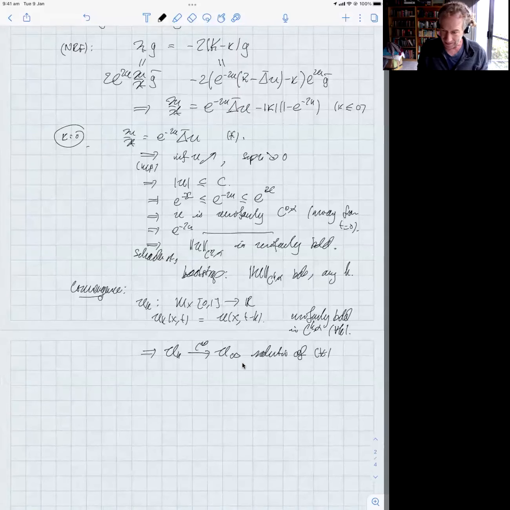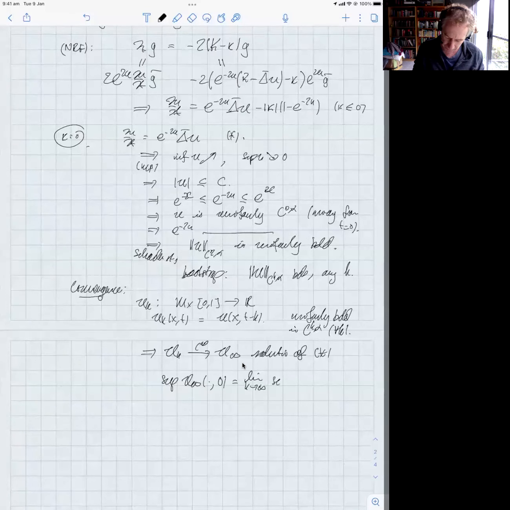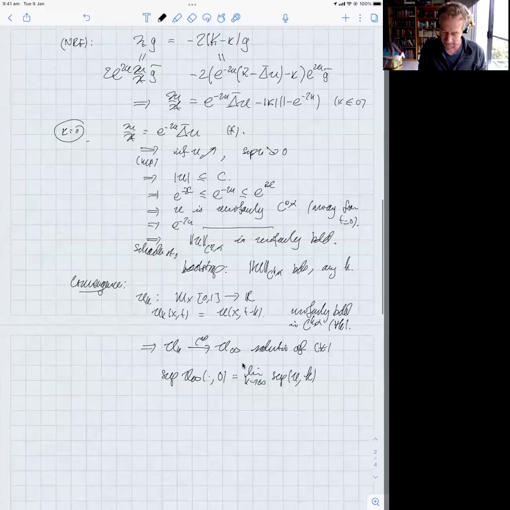But also I know that the sup of u infinity at, let's say, time 0 will be the limit as k goes to infinity of sup u at time k. Right? And that exists because we know the sup is not increasing by the maximum principle. So this sup u at time k is a decreasing function of k and bounded below, so the limit certainly exists.